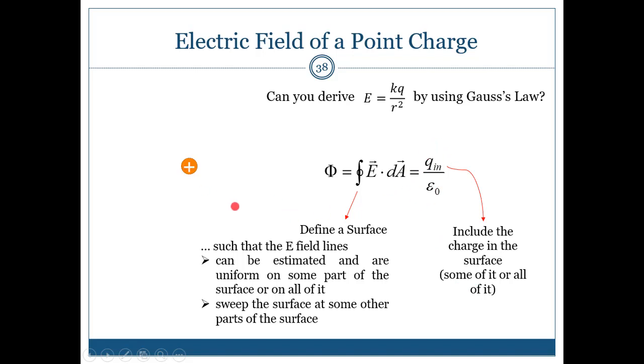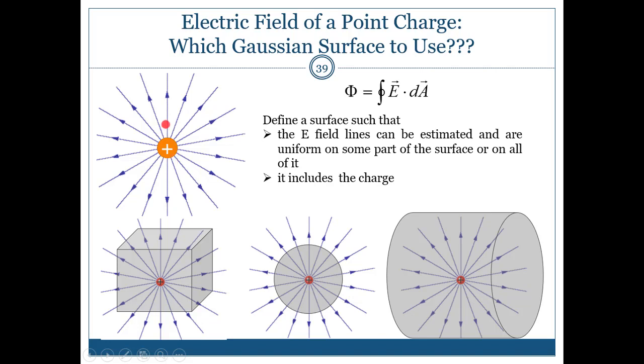So here is our point charge. What do we do? Well, first we imagine the E field lines, right? E field lines of a point charge are radially outward in all directions in 3 dimensions. We can select multiple surfaces around this charge, enclosing this charge. It has to include the charge. It can be a cube, for example, centered at the charge, a sphere centered at the charge, a cylinder centered at the charge, around the charge.